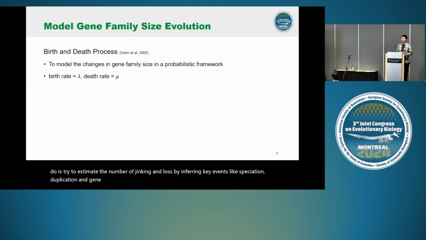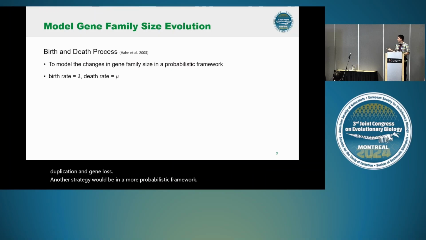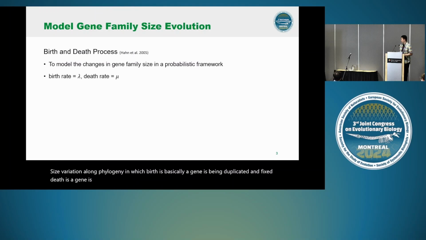Another strategy would be in a more probabilistic framework. Han in 2005 introduced the birth and death process to model gene family size variation along a phylogeny, in which birth is basically a gene being duplicated and fixed, and death is a gene being lost. And two key parameters would be the birth rate and the death rate.